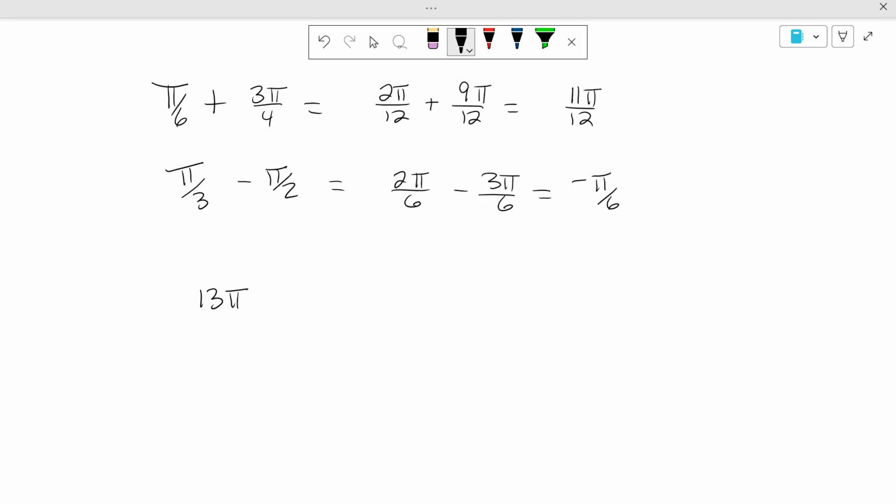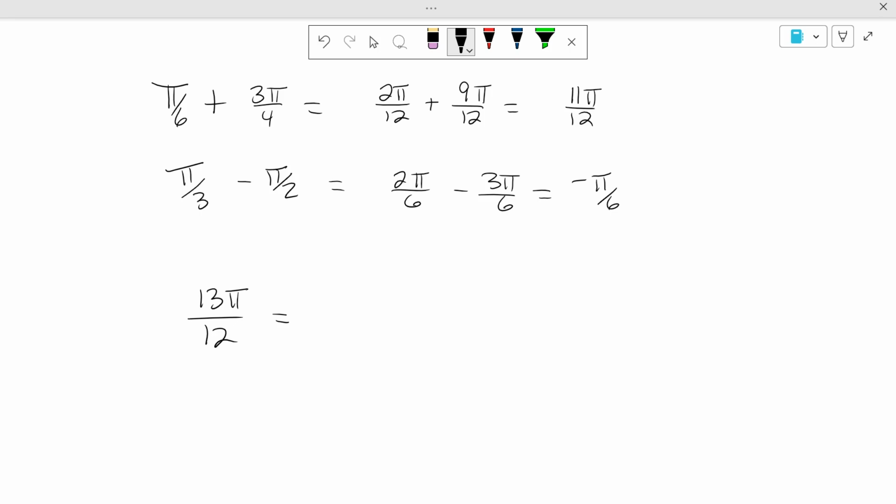So then, how would we get to 13 pi over 12? What would get us to that are going to be on our unit circle? So we can't use anything with a denominator of over 12 that doesn't reduce, because those aren't on your unit circle.